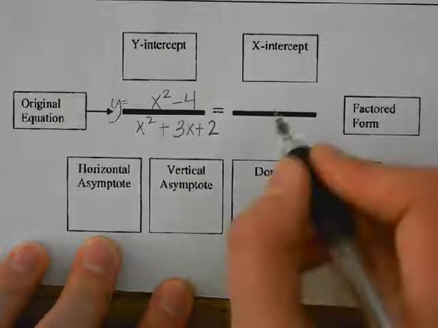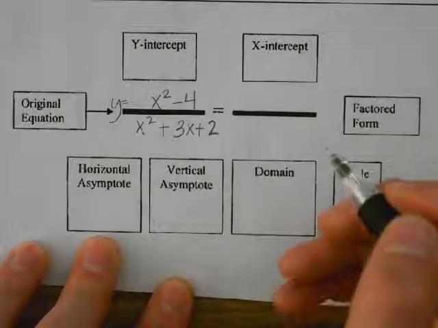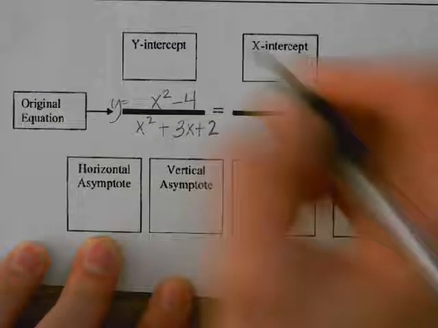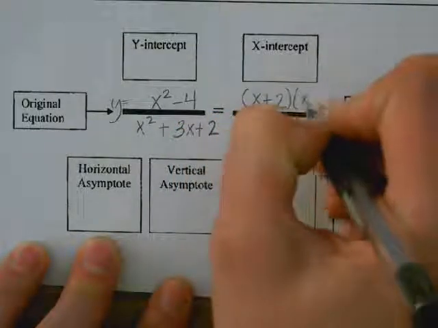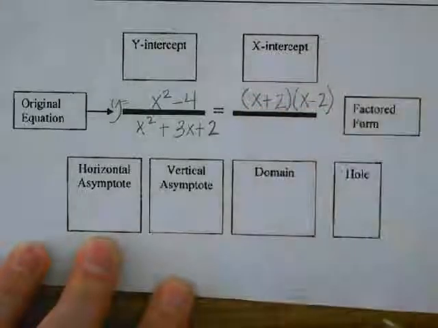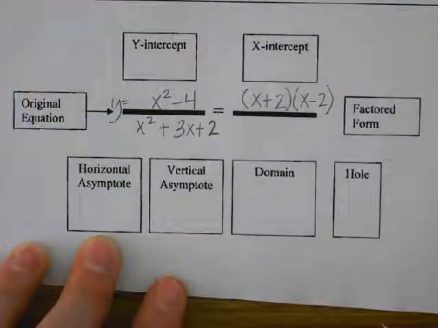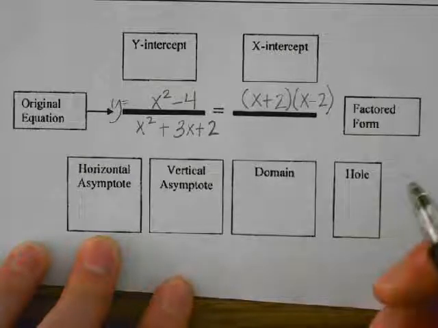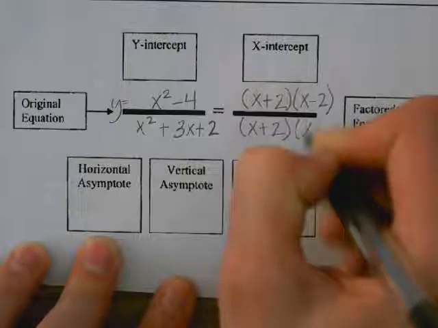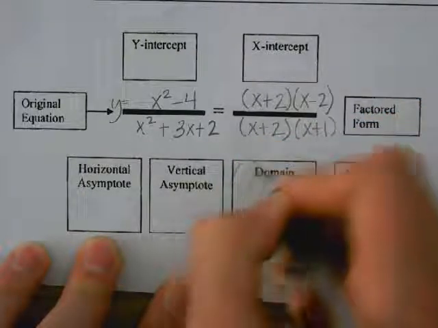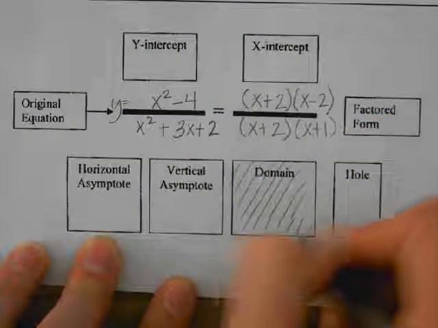Factor. So anyone know how to factor the top? All right, and how about the bottom? x plus 2, x plus 1. Mm-hmm. And we're not going to worry about domain for right now.